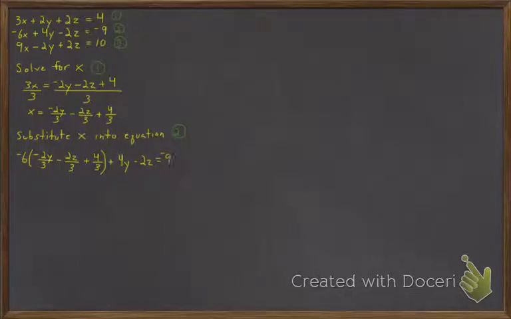equals negative 9. Alright, we want to distribute, and when we distribute we get a positive 4y plus 4z minus 8 plus 4y minus 2z, and that again equals negative 9. We want to now combine like terms. So when we combine the 4y and the 4y, we get 8y.